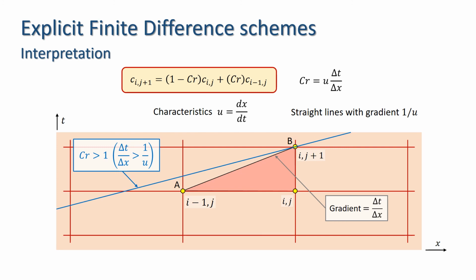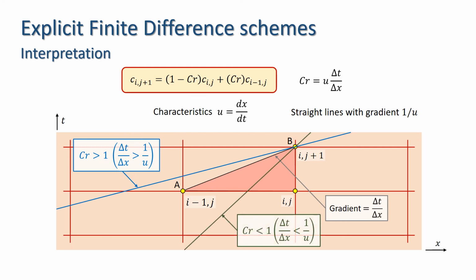Now let's consider the case in which the Courant number is less than 1. Here, delta t over delta x is less than 1/u, and the characteristic does pass through the domain of dependence. This corresponds to the stable case in which we saw some numerical diffusion in the model runs.